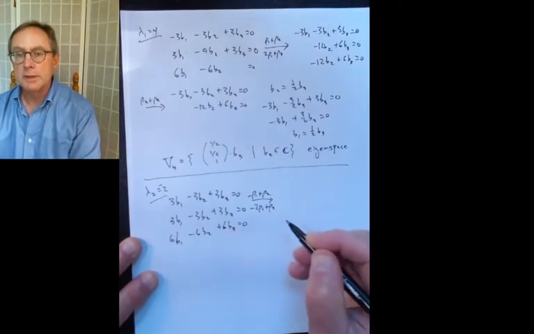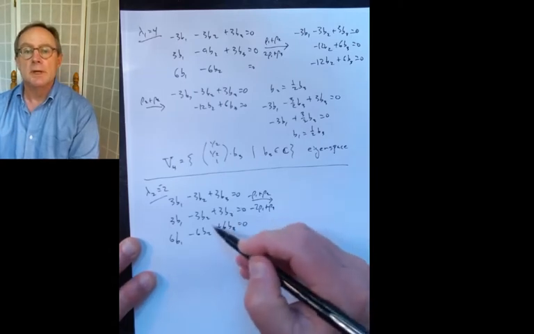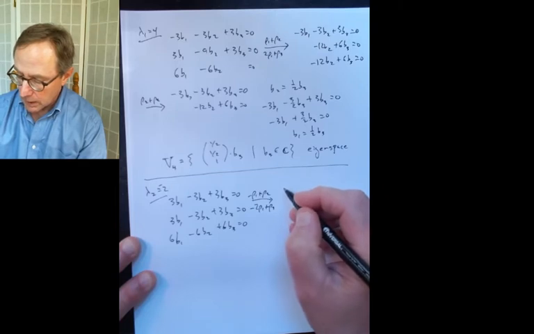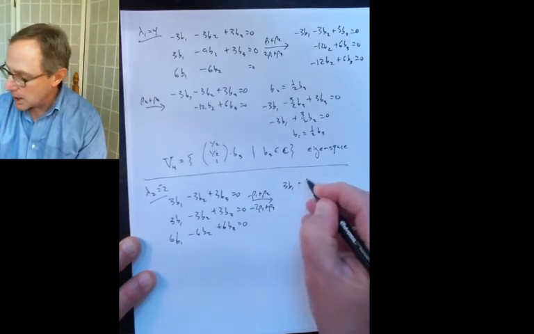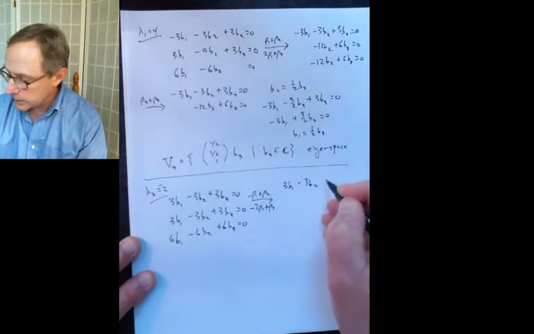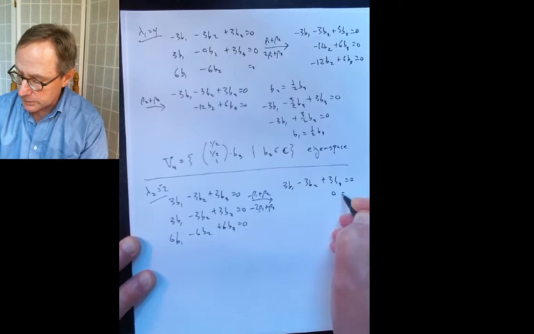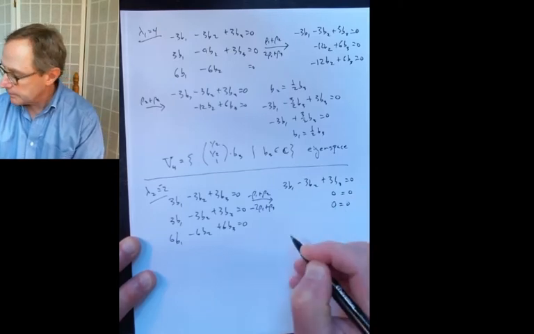I'm sorry, it's a little bit insulting at this point in the semester for me to not just say, you know, well, you get zeros there. But I told myself I was going to do it out long, and here I am. 3b1 minus 3b2 plus 3b3 equals 0, and of course 0 equals 0 and 0 equals 0.